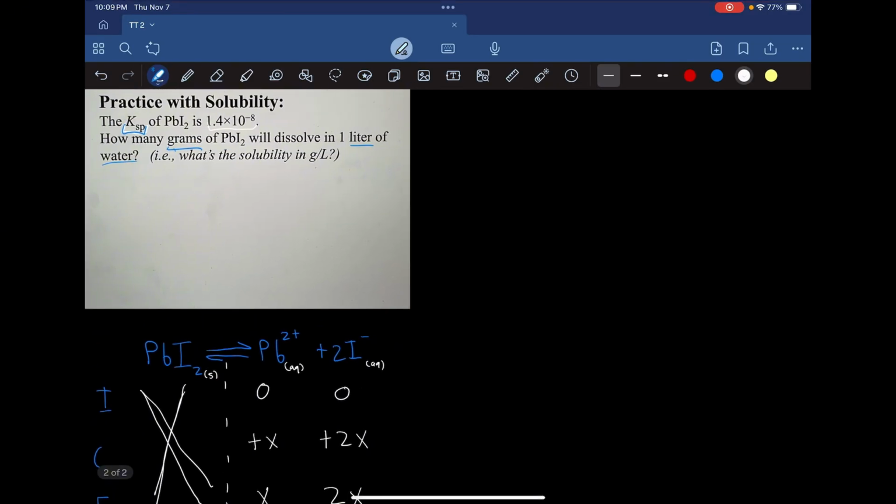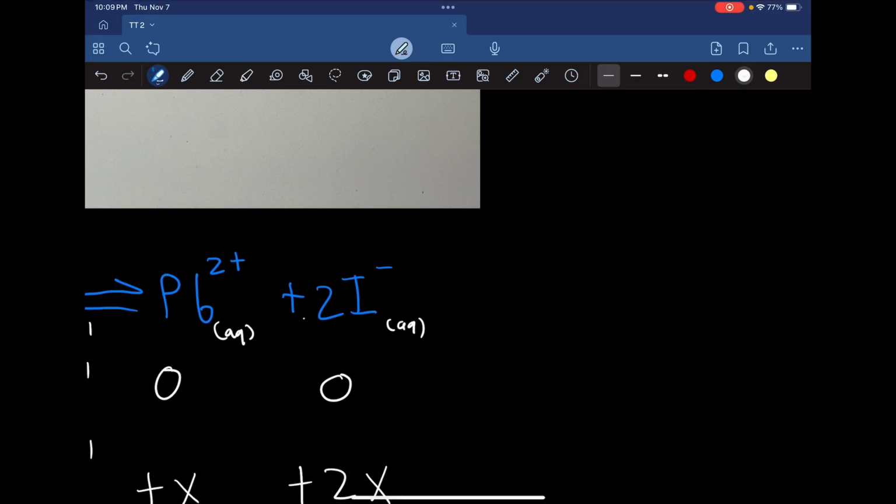So when we write our Ksp, it's going to be Ksp equals Pb2+ times I- squared.